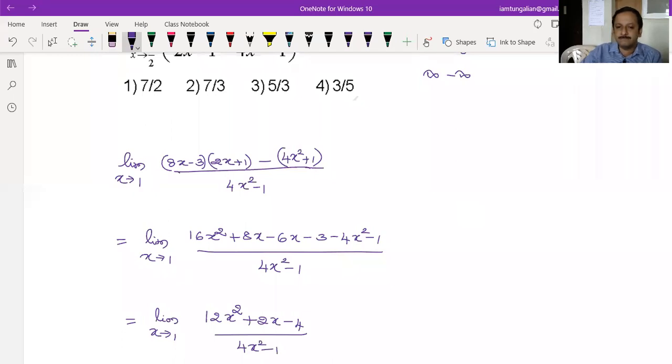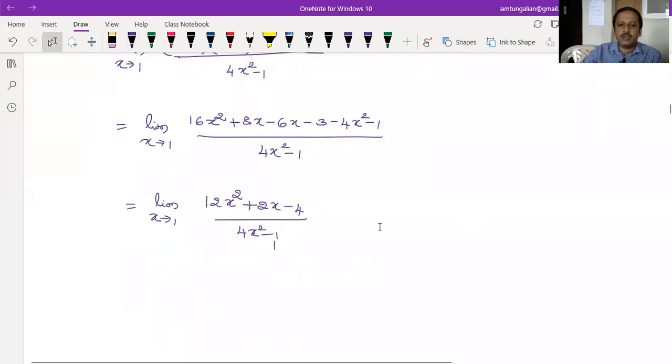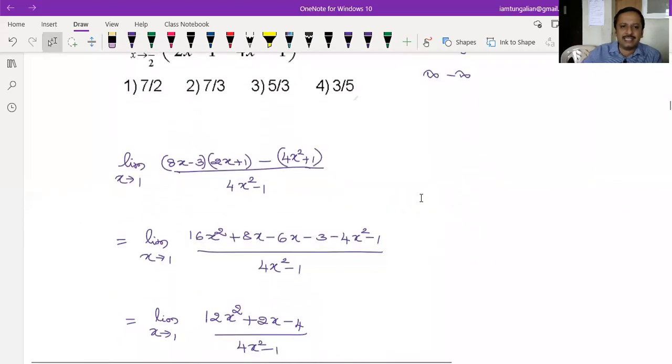Okay, so now if I directly apply the limit at this stage, when I put x as 1, sorry, not 1, the limit tends to 1 by 2. I'm sorry, it is by mistake.